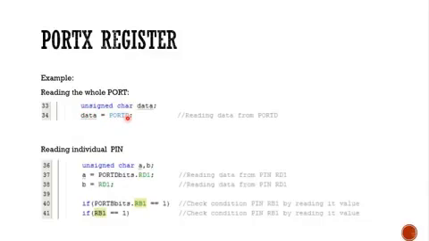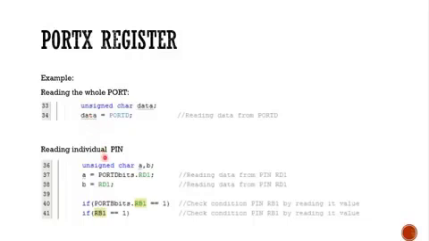So this means that we want port D to become an input. So this is when we want to read the whole port. For port D, it contains up to 8 bits. So this means that we want to read the whole bit from port D and then copy and then paste it into the variable data.